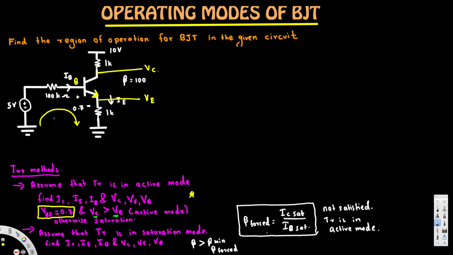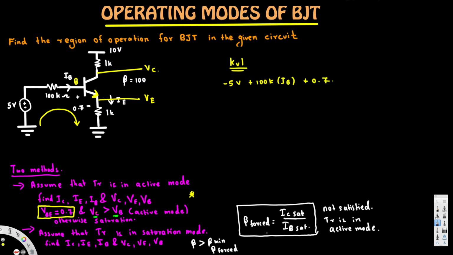Okay, now this is the IB current going through this one. Let's apply KVL here. Going from negative to positive, we have negative 5 volts, and here we have 100K times IB plus 100K times IB, and then here we have 0.7 plus 0.7.